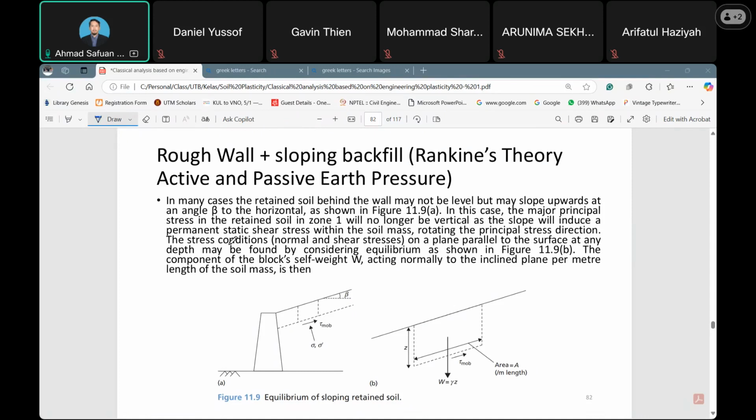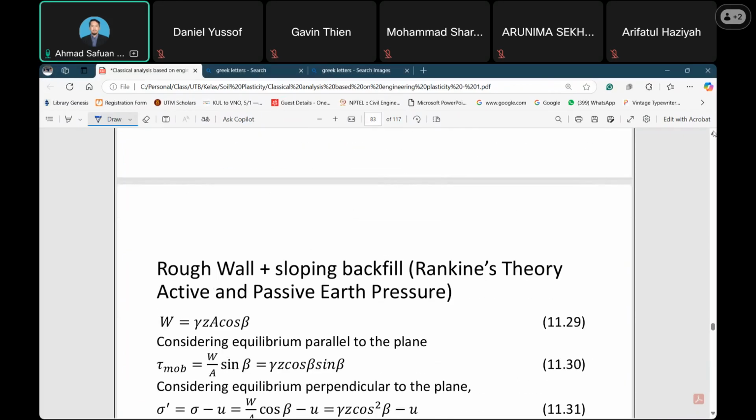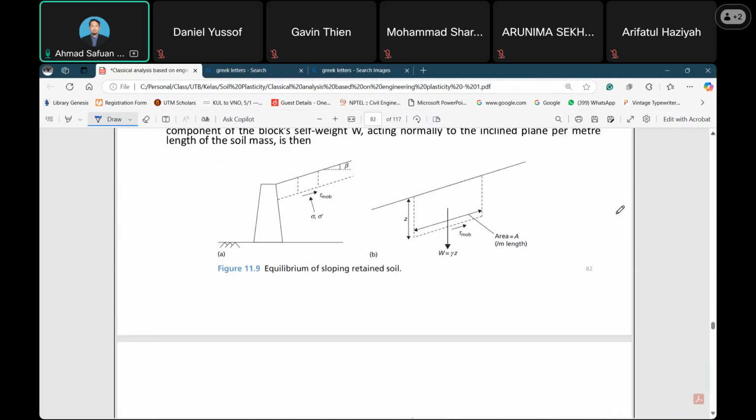So the component of the block self-weight W acting normally to the inclined plane per meter length of the mass is then, this is the mass of one block on the top of the backfill. So we have identified the beta value.